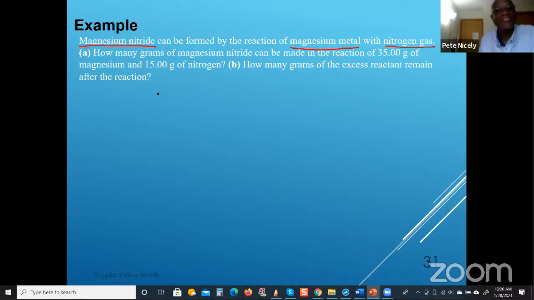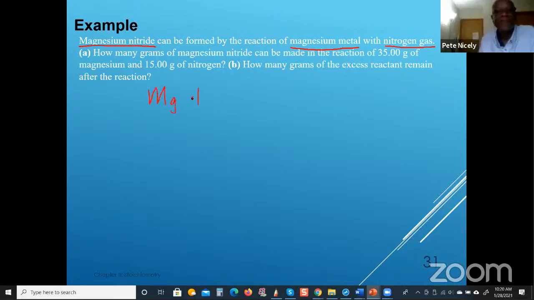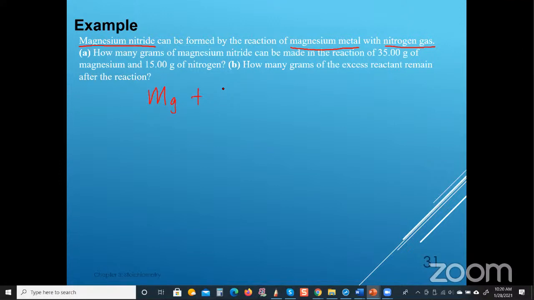Okay, so the formula of magnesium is what? Mg. And what's the formula of nitrogen?